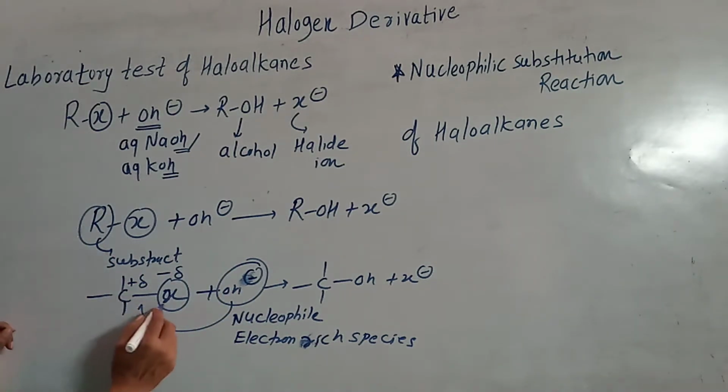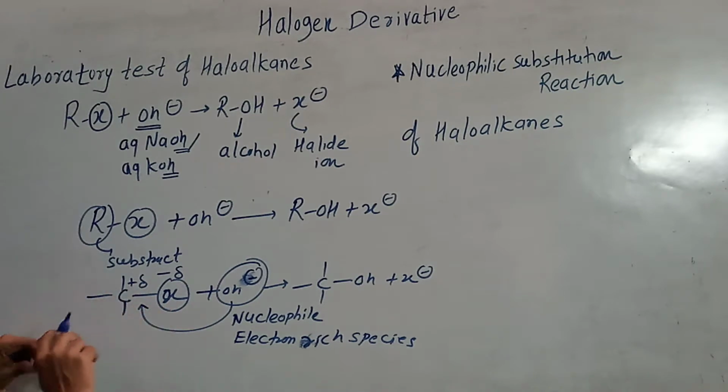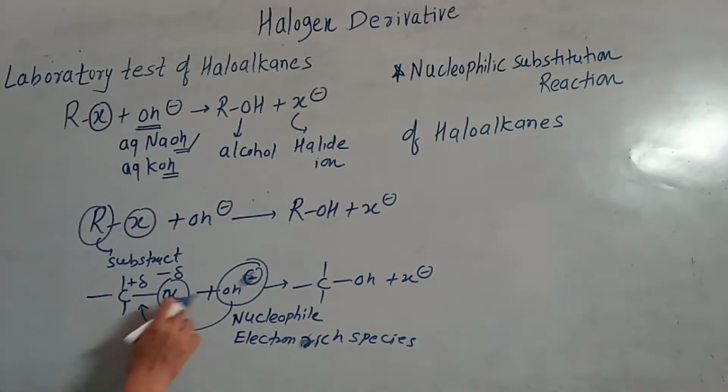In the carbon-halogen bond, the halogen is negative and the carbon is electropositive, so the nucleophile attacks the electron deficient carbon. The atom or group of atoms is replaced by the nucleophile without changing the hybridization state of the carbon. Therefore, it is a nucleophilic substitution reaction. This is how you can understand the term.